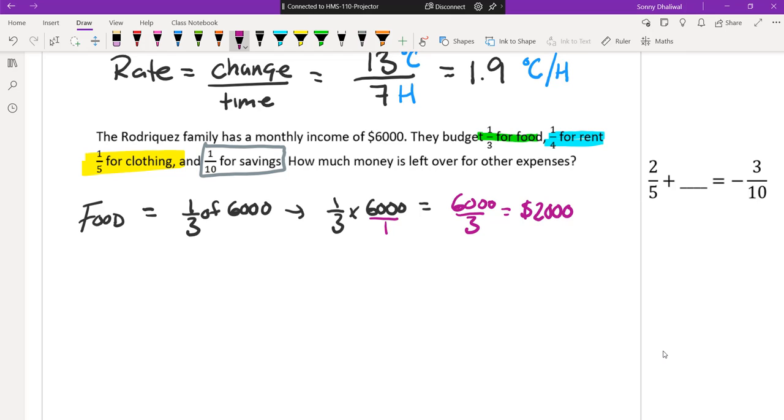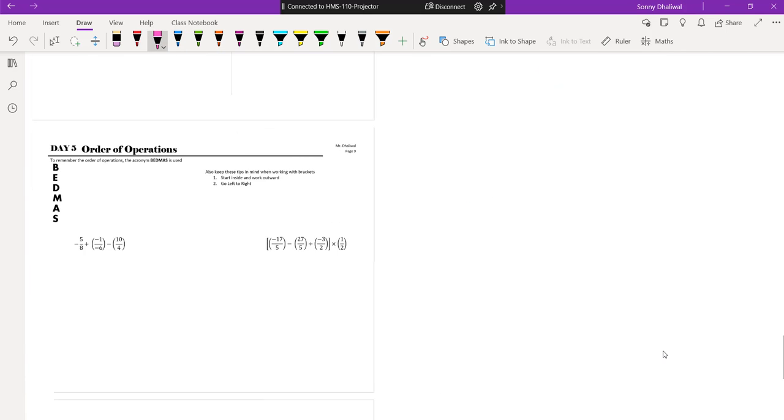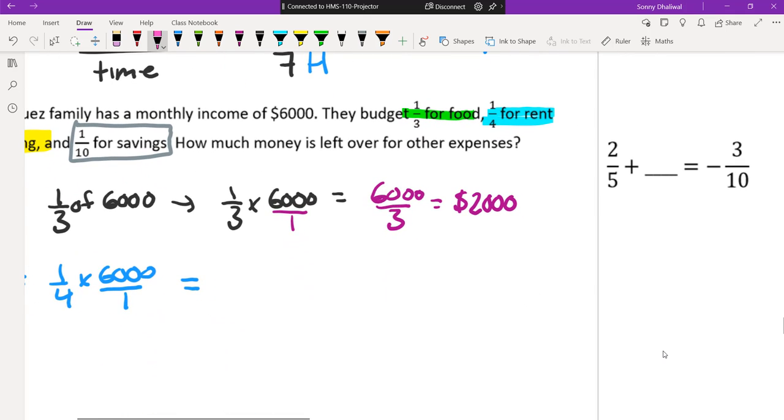So we do the same thing for the rest of the items. Next one was rent, and they spent a quarter of 6,000. So how much does that equal? Use your calculator. 1,500.